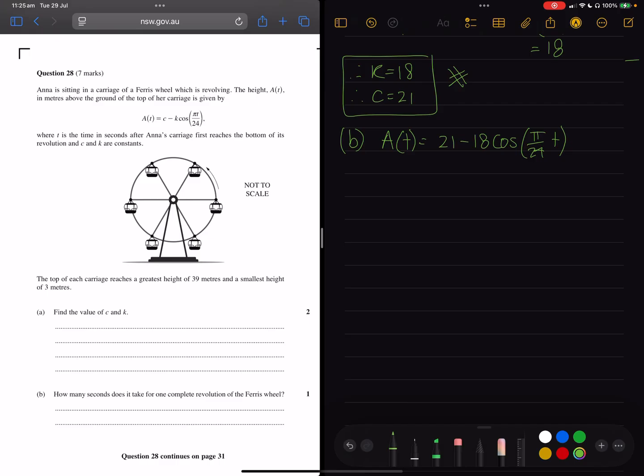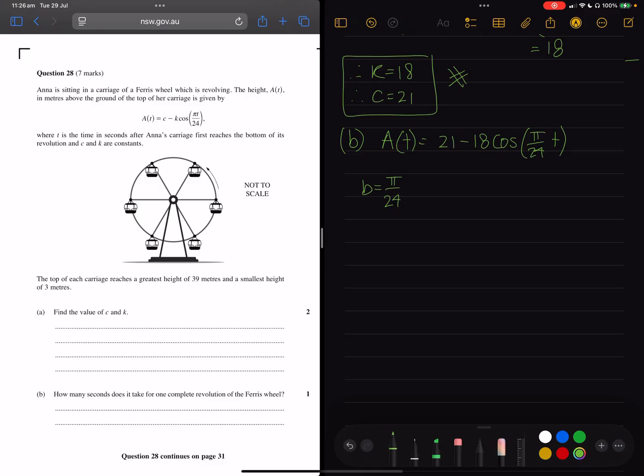The question tells us that t is time in seconds, so we don't need to worry about conversions. We just need to worry about the period, right? One full iteration of the cosine function will correspond to one revolution of the Ferris wheel. So the b value in this equation is going to be pi on 24.